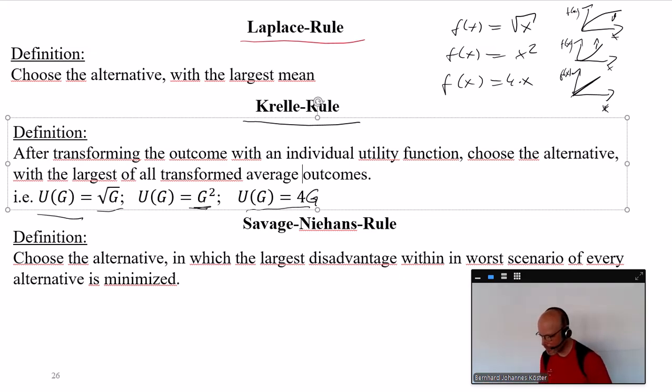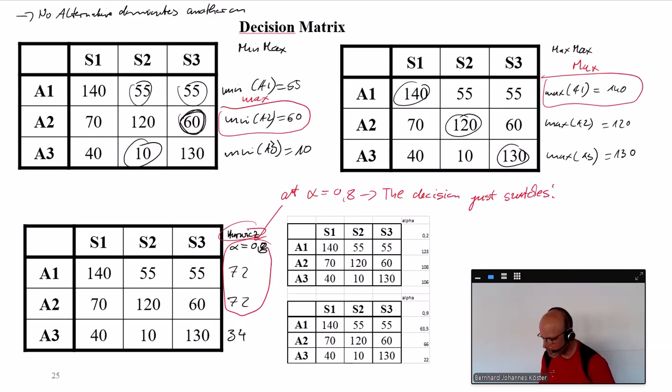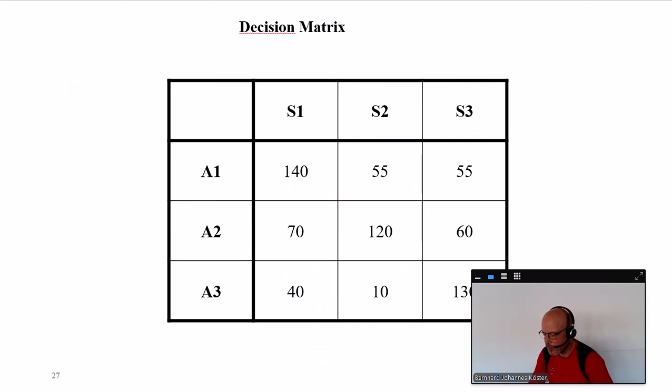So let's maybe directly go to the matrix, so that you see this. So choosing alternative 1 means I lose at maximum 55. So if scenario 1 happens, then I have decided in the best way.